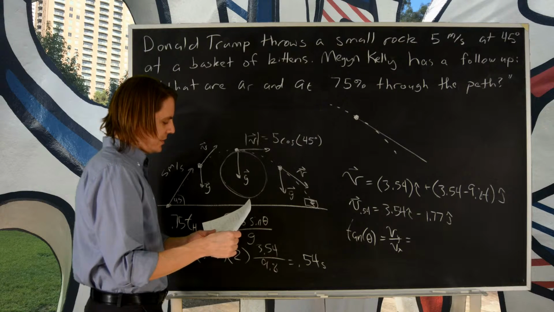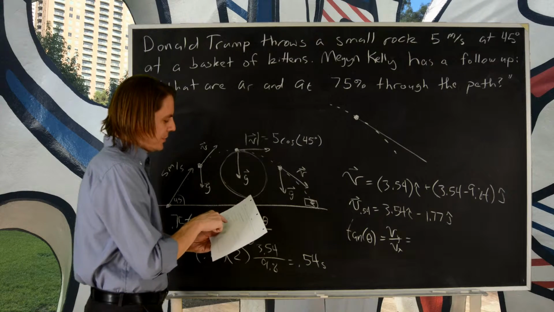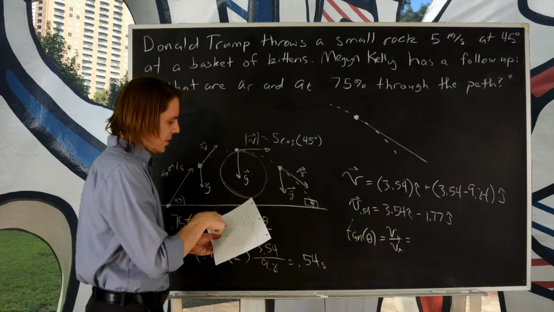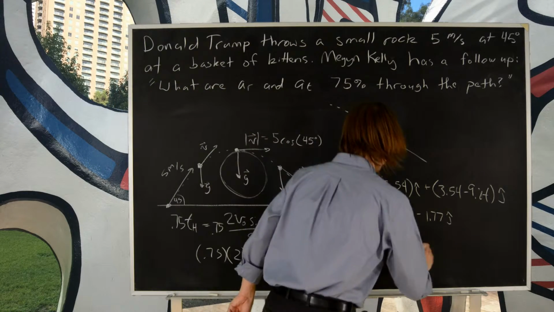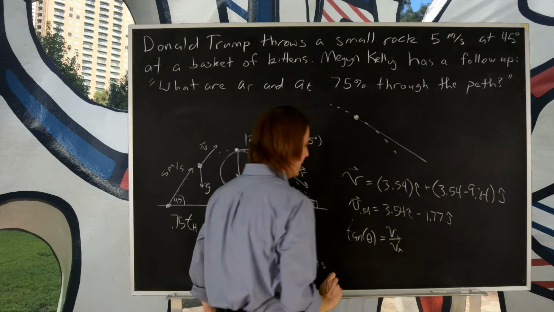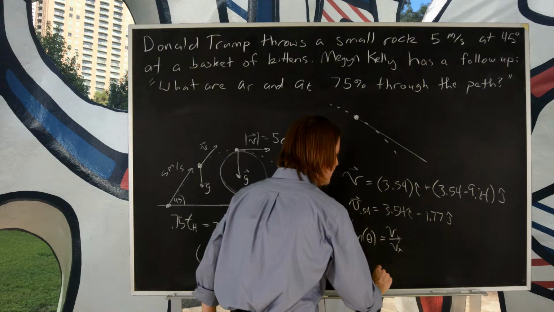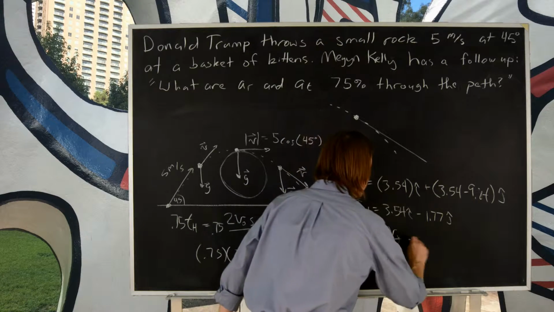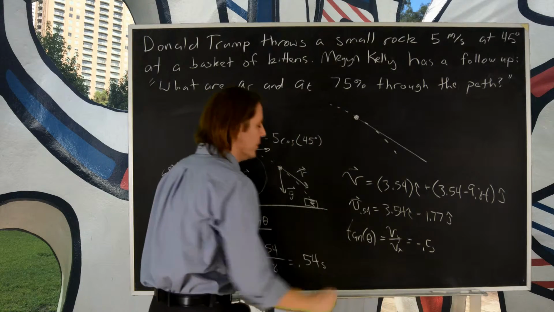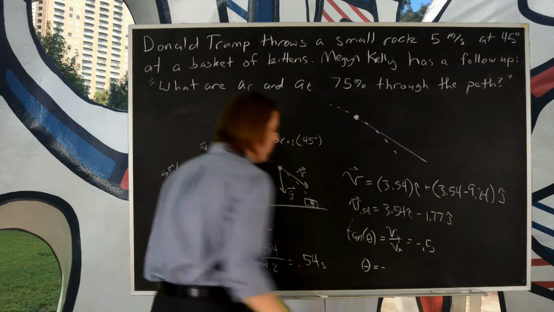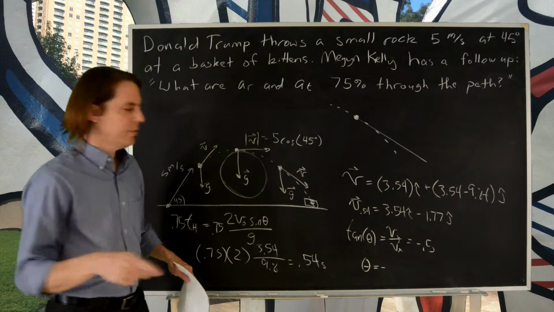Take the inverse tangent of that, in the end, you'll get minus 27 degrees. So I didn't actually work out this number for you. It's minus 1.77 over 3.54. Yeah, it is a half. So theta comes out to be minus 27 degrees.